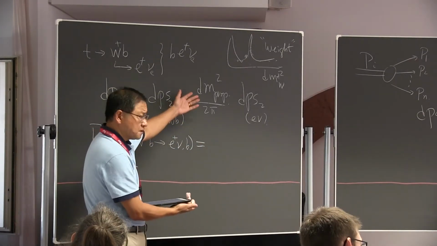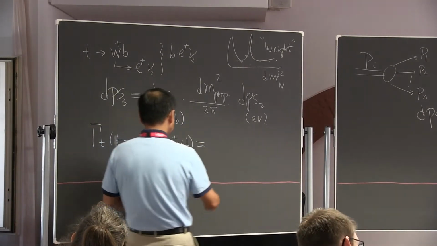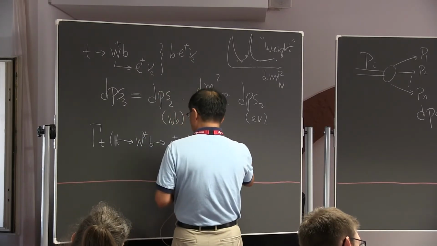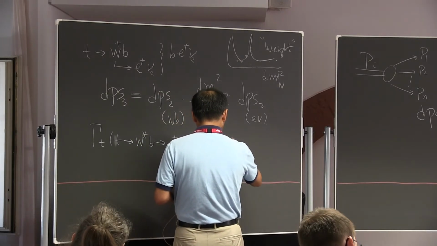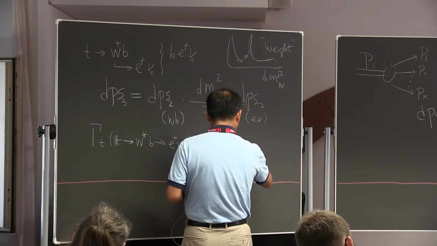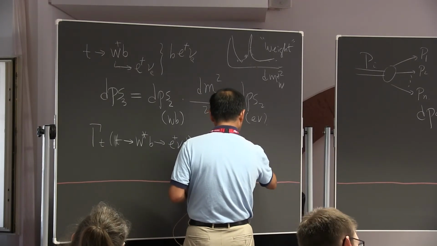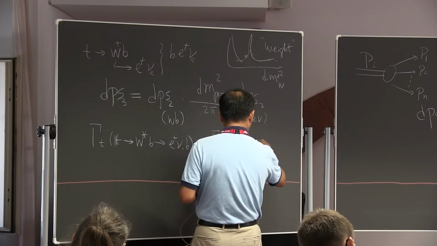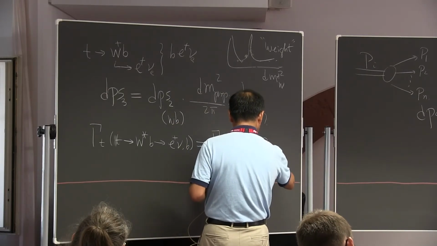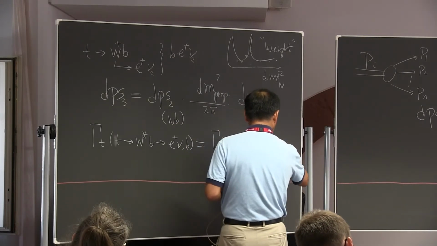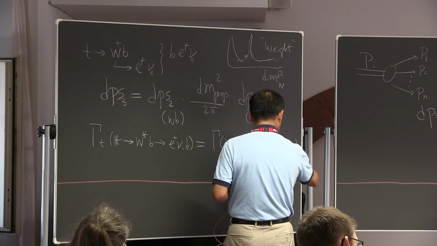You do this proper phase space treatment, you find that is equal to the decay to W on-shell, B on-shell, times the branching fraction for the W on-shell to electron neutrino.